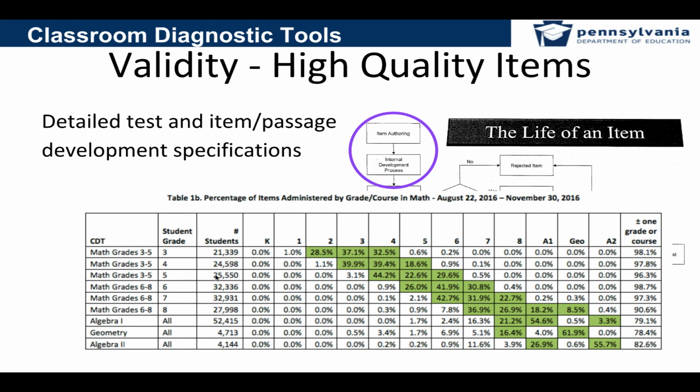So this is a look at CDT assessment items, and what you are seeing in the green highlighted ribbon there is if the student was taking a grade 3 math CDT, they answered, of the whole group of 21,339 students, 37.1% of the questions at the third grade level. 28.5% of the questions were at second grade, and 32.5% of the questions at fourth grade. Very few at any other grades. That's exactly what's supposed to happen.